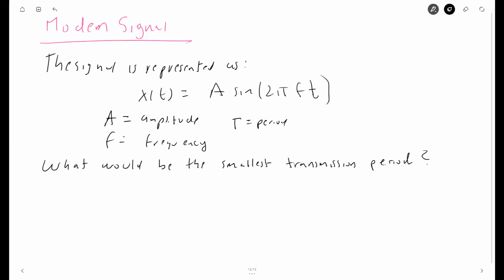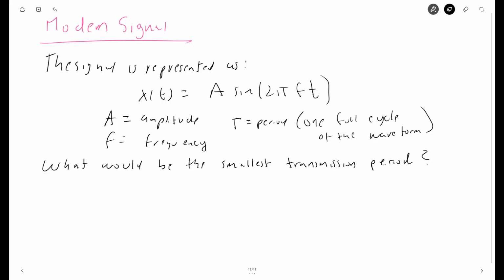The transmission period T is the time required to complete one full cycle of the waveform. The smallest transmission period T for a given frequency f can be determined using the relationship between the frequency and the period.